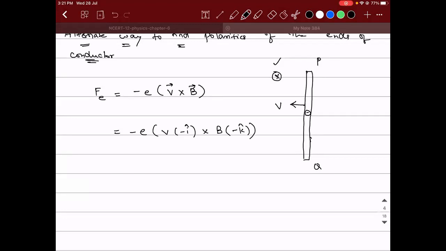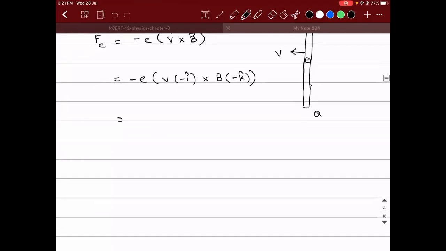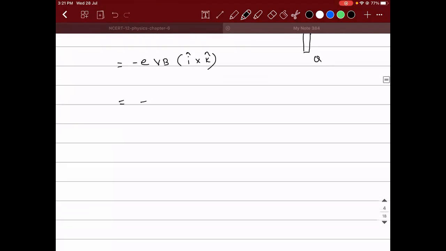Am I clear with this? So I'm taking out all the magnitude parts, evB with a minus sign, minus i cap cross minus k cap is same as i cap cross k cap. So this will be equal to minus evB into what is i cross k?